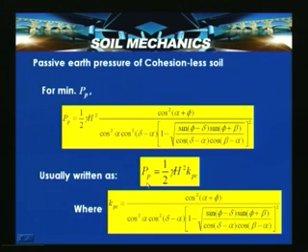So, PP, the passive earth pressure thrust, is equal to half KPC gamma h square, where KPC is indicated here. In a similar way, we can calculate active and passive earth pressure coefficients for the Coulomb's case.